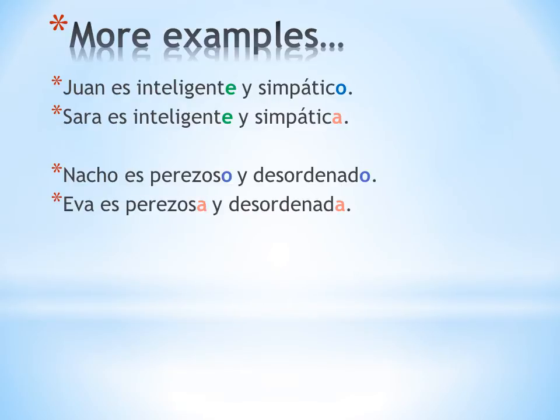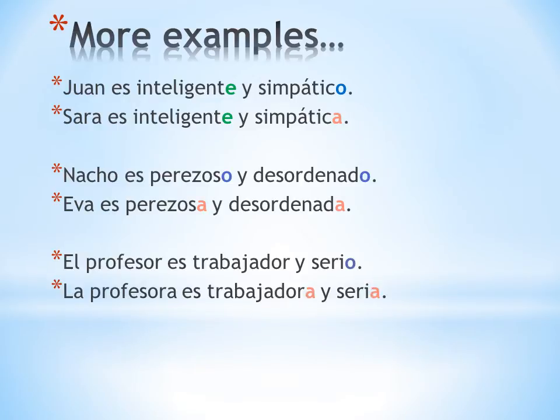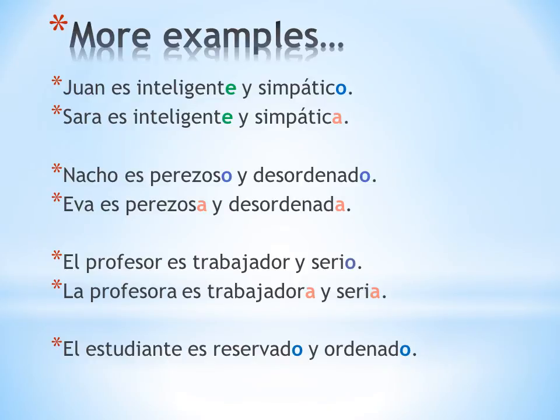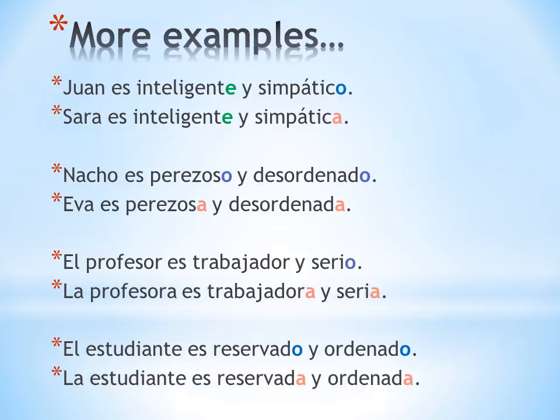Eva es perezosa y desordenada. El profesor es trabajador y serio. La profesora es trabajadora y seria. El estudiante es reservado y ordenado. La estudiante es reservada y ordenada.